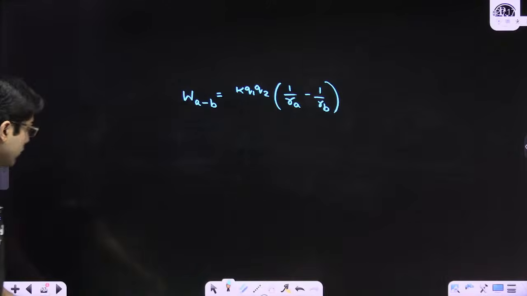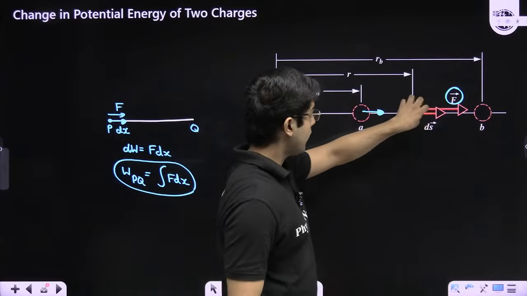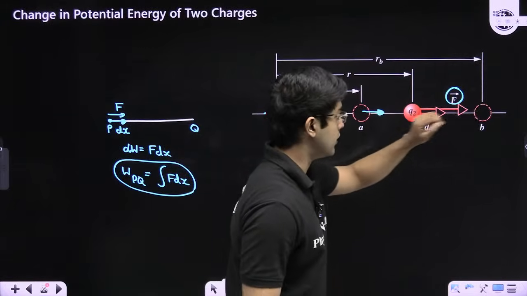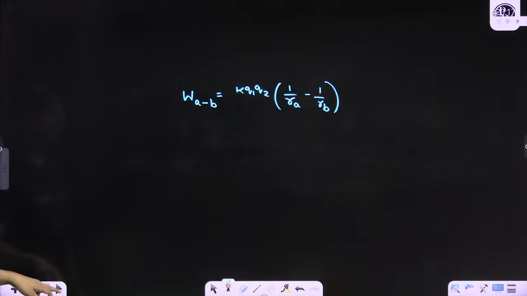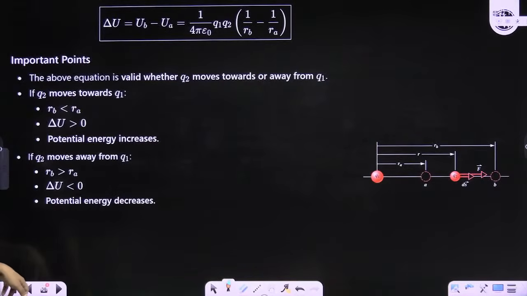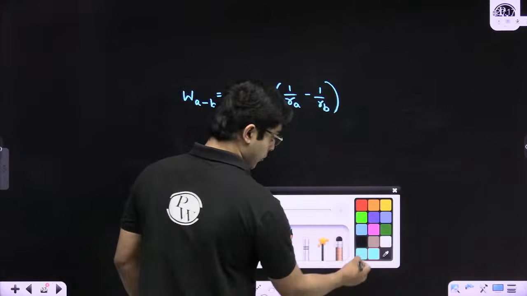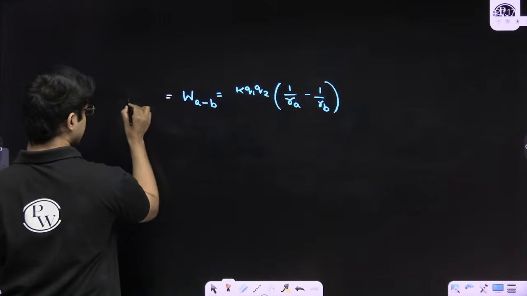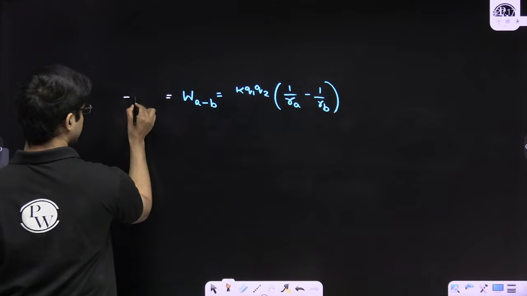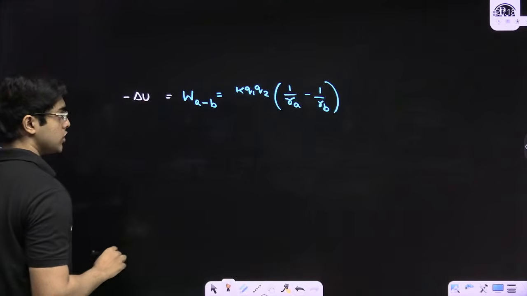So what did we do so far? We calculated the work by this electrostatic force in moving Q2 from here to here, from A to B, and it came out to be this value. Now we know how to relate this to the potential energy. We can write it as negative delta U, the negative of the change in potential energy.